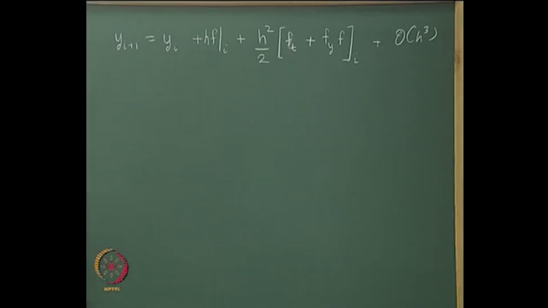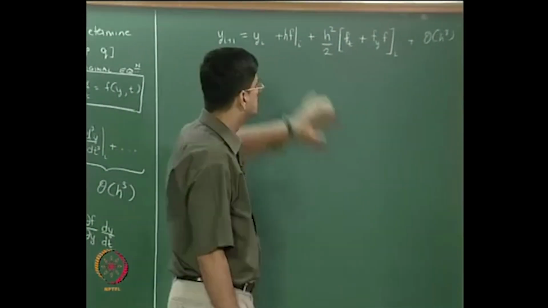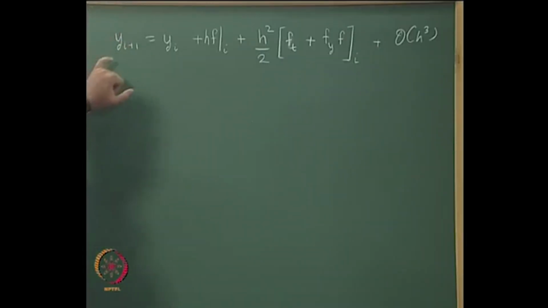Okay, what I have done is I have just written down this particular expression over here all over again. Okay, so this is the Taylor series expansion for the true value at yi plus 1.